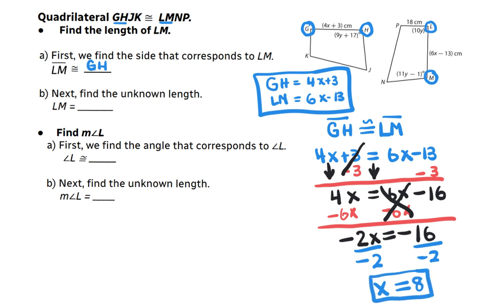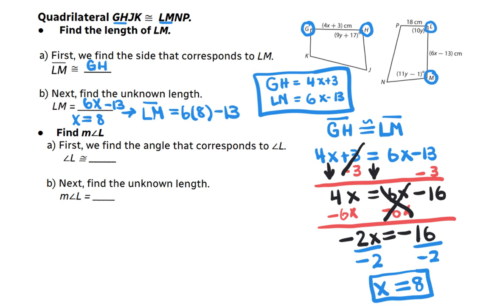Now, knowing that x is equal to 8, we can find the length of LM. LM is 6x minus 13. And so if x is equal to 8, that means that LM is equal to 6 times 8 minus 13.